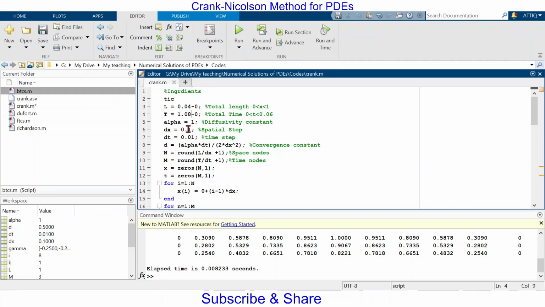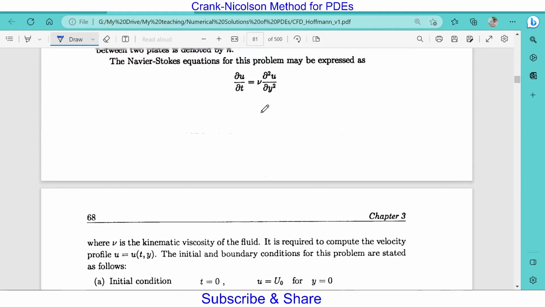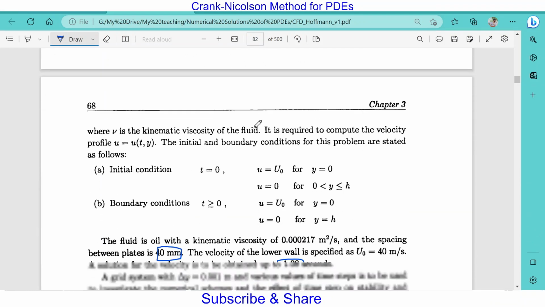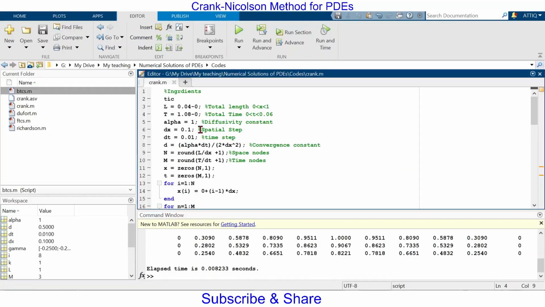1.08 seconds. He also gave us the diffusivity, the kinematic viscosity, which is basically this V, which is alpha in our case, which is 0.000217.